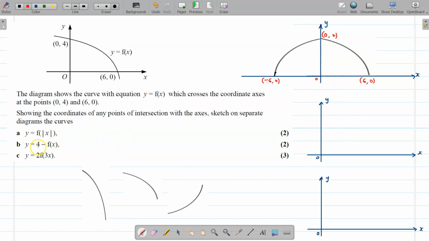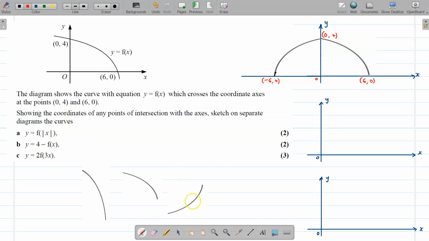Now in part B, we've got 4 minus f of x. Well, if you just think of negative f of x from GCSE days, that's a reflection of the function in the x-axis. Okay, it just flips it over. Okay, and if you then take 4 and put it in front, it's like adding 4, so it's a reflection in the x-axis, and then slide it up 4 places.